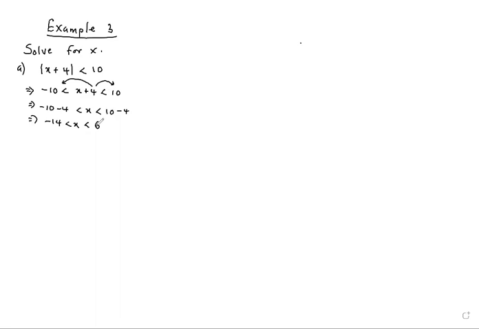So you say, since I know that I have x plus 4 and negative x plus 4, keep this thing less than 10, so that the first one is less than 10, and the second one is less than 10.